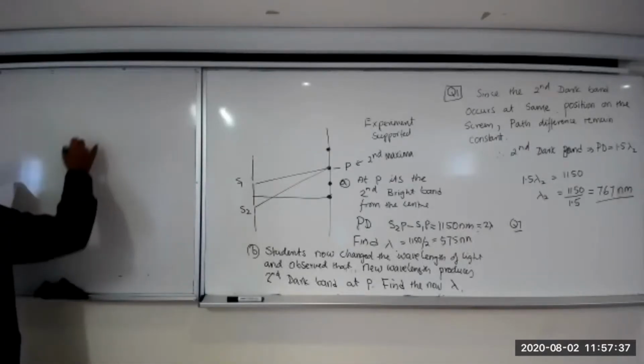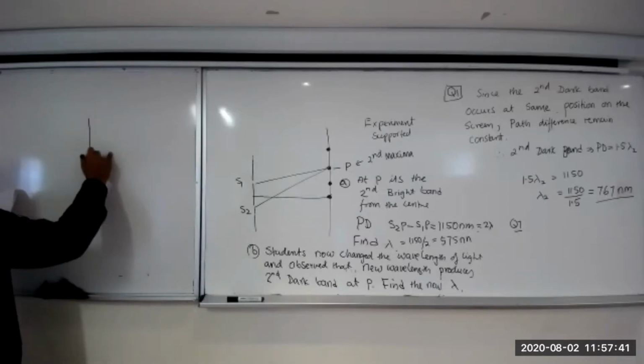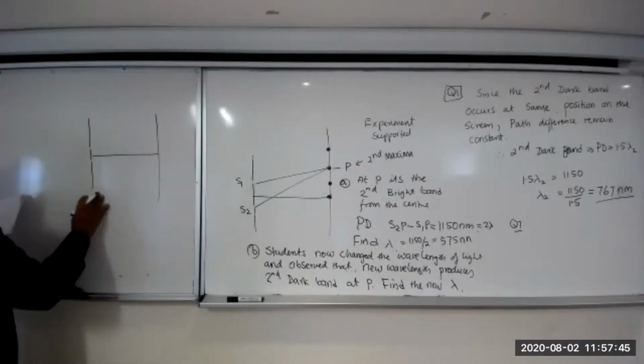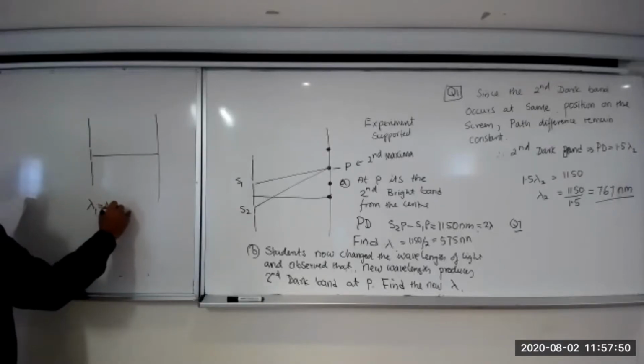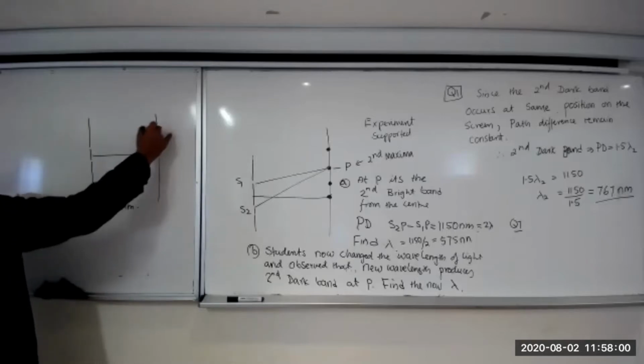Two parallel slits are illuminated by light composed of two different wavelengths, one of which is 486. The light whose wavelength is known produces its dark fringe at the same place. So it's the third dark fringe.